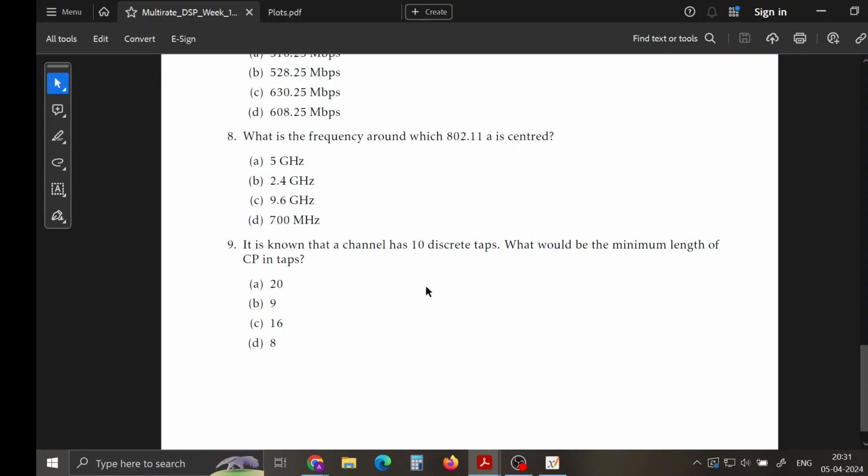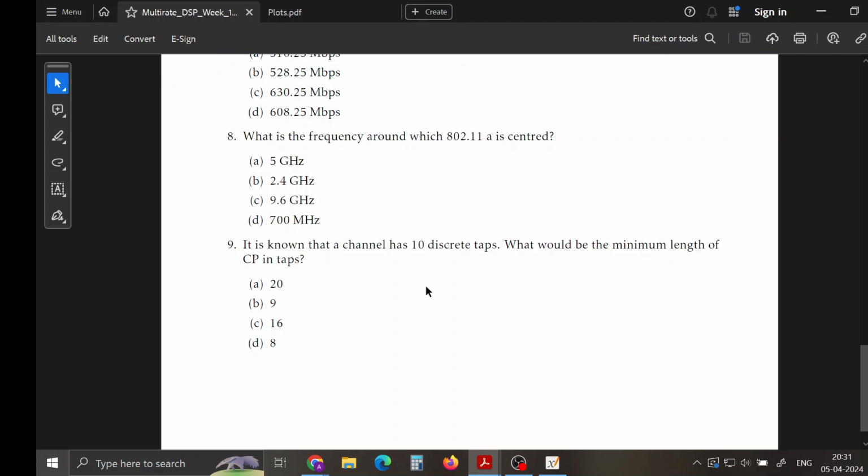Basically, it's a technique that is deployed in OFDM in order to avoid or minimize this inter-symbol interference. That's the idea actually. That's why you need the minimum length of the cyclic prefix to be the number of the ISI symbols.